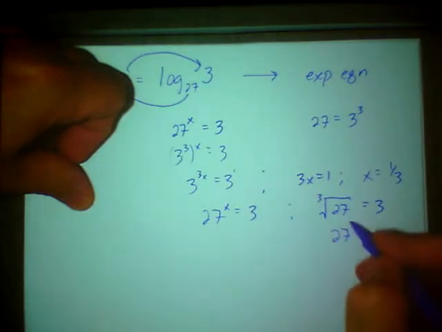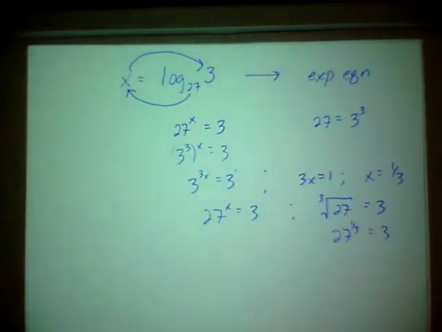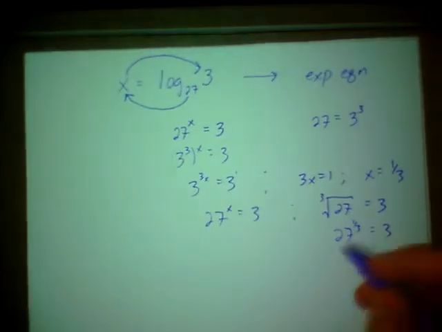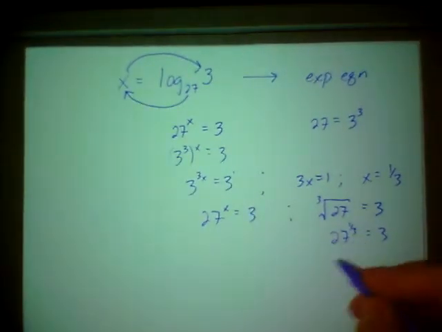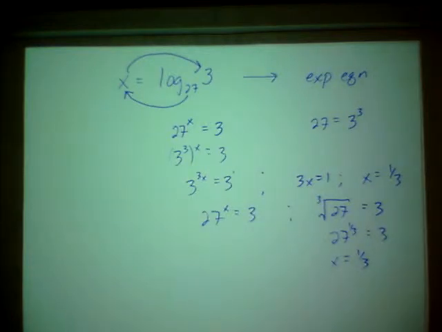Another way to write the cube root is 27 to the 1/3. So therefore, x equals 1/3. All right, that one was a little tricky.